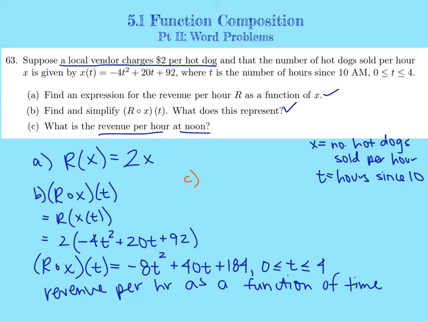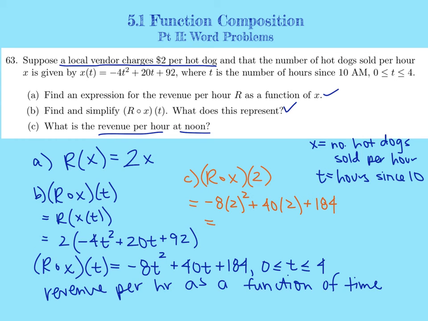So we are finding R of X at 2. Plugging 2 into our function here, we'll have negative 8 times 2 squared plus 40 times 2 plus 184.